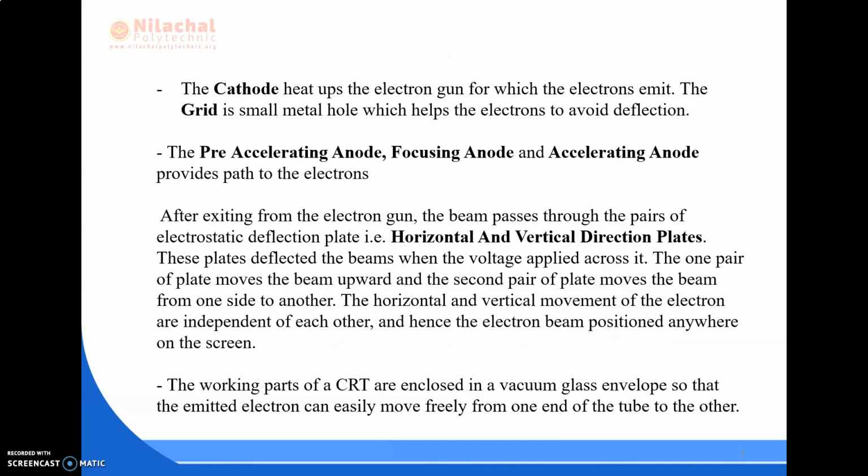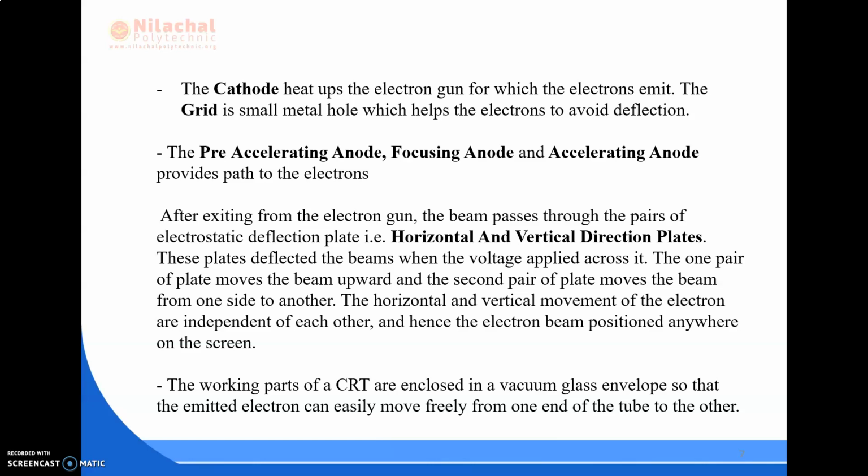So the cathode heats up with the heater, and the electron gun from which the electrons emit. The grid, these electrons are nothing but the red, green and blue electrons.